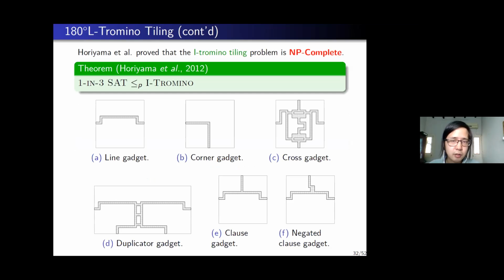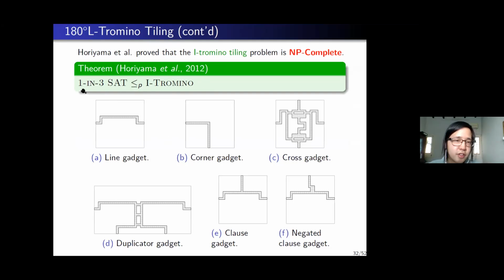So we took the Horiyama reduction, which proves the NP-completeness of I-tromino.